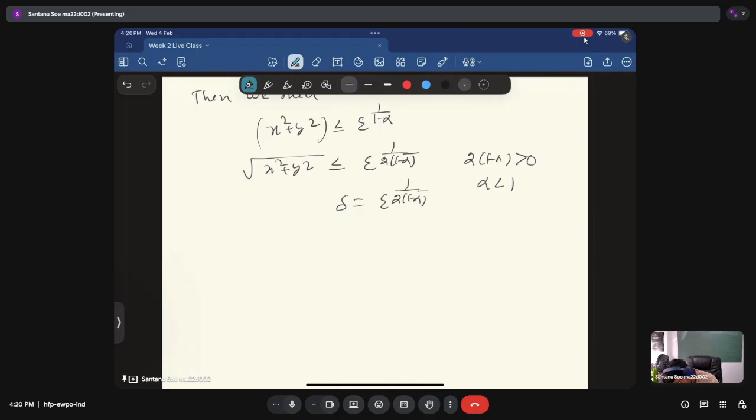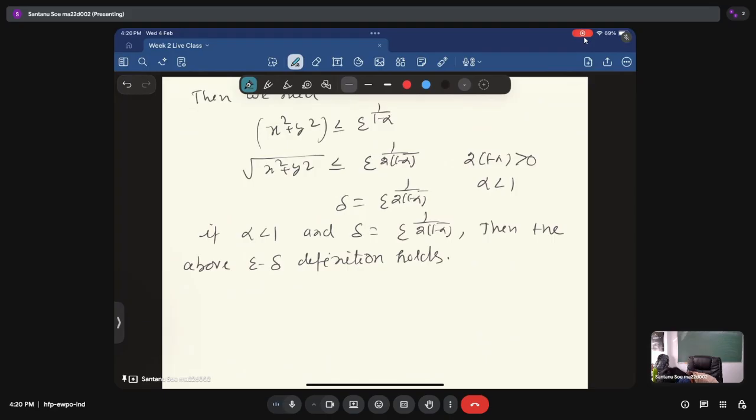So if alpha is less than 1 and delta equals epsilon^(1/(2(1 - alpha))), then the above epsilon delta definition holds.